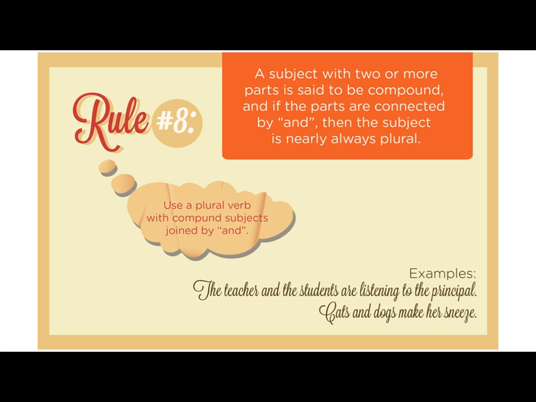Next rule. Use a plural verb with compound subjects joined by and. A subject with two or more parts is said to be compound, and if the parts are connected by and, then the subject is nearly always plural. Example, the teacher and the students are listening to the principal. Both the two subjects are joined by the word and.